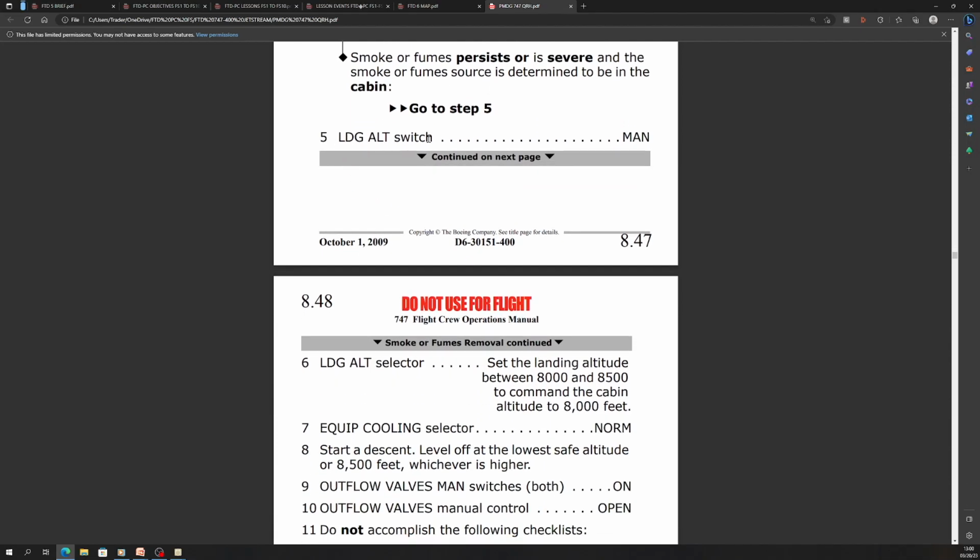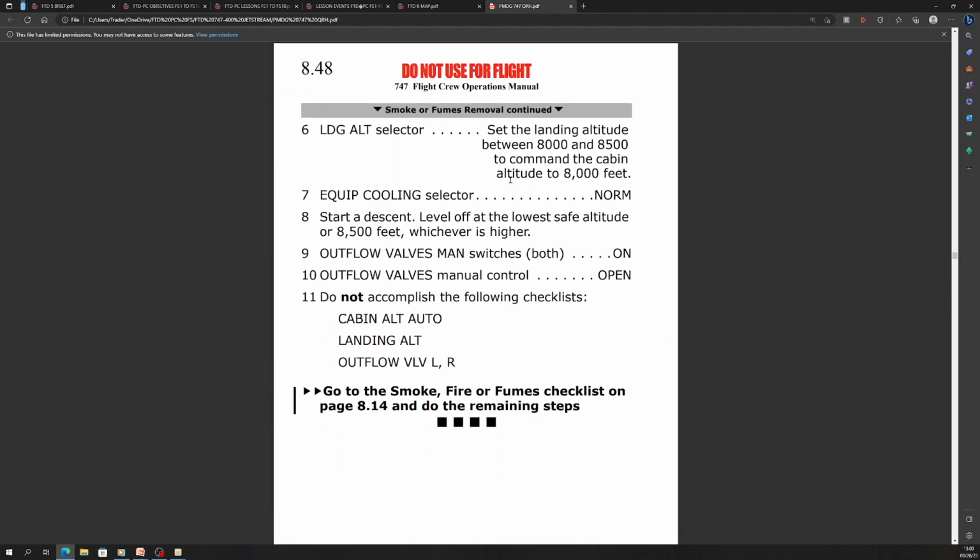And this would be to bring the landing altitude switch to manual. Set the landing altitude selector between 8,000 and 8,500 to command the cabin altitude to 8,000. Bringing the cabin up will increase the airflow and hopefully take any smoke out with it through the outflow valve. And bring the equipment cooling selector back to normal.